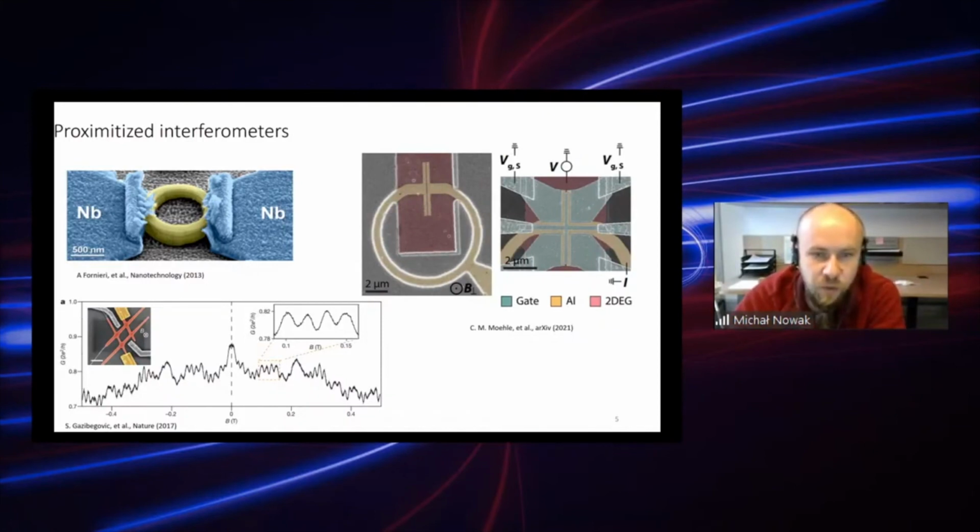So, for example, what would happen if you proximatize half of the ring or part of the ring, and also include a magnetic field, maybe in-plane and strong enough to close the trivial gap and open a topological gap, and then maybe observe how the Aharonov-Bohm oscillation period is changed when Majorana bound states appear at the edges of the proximatized part. So I think that would be a nice exploitation of these devices.